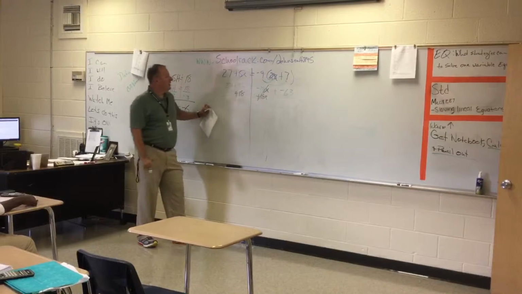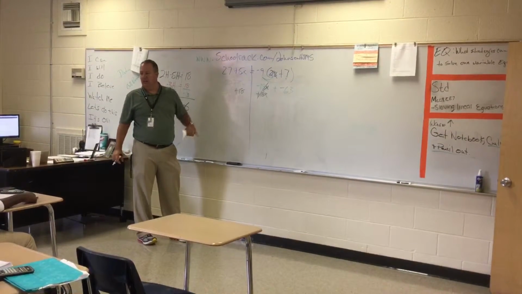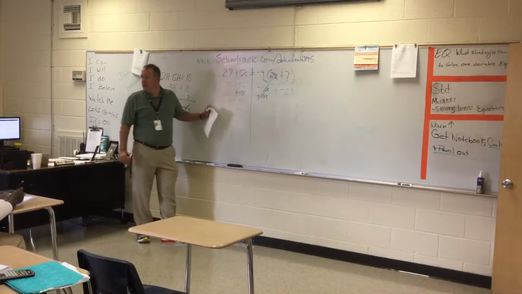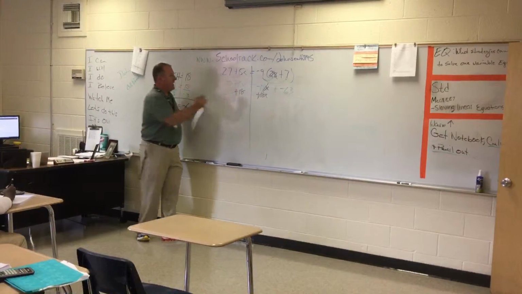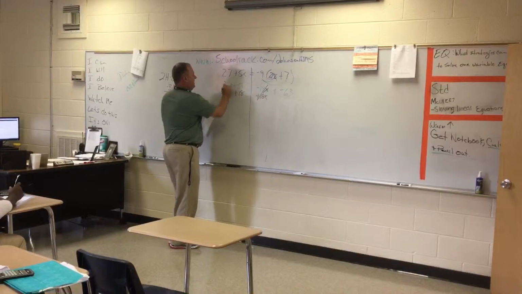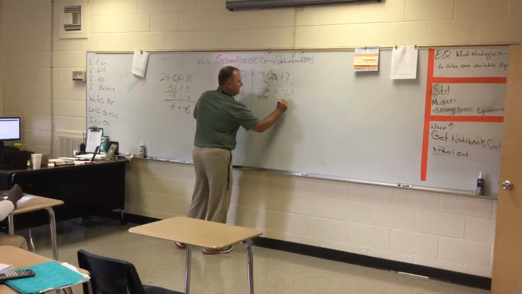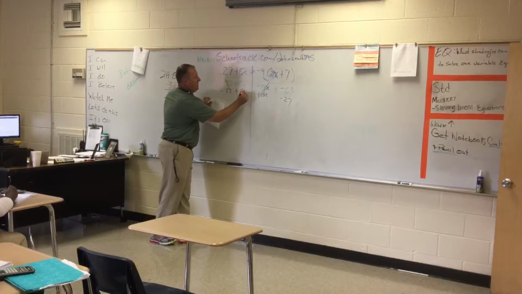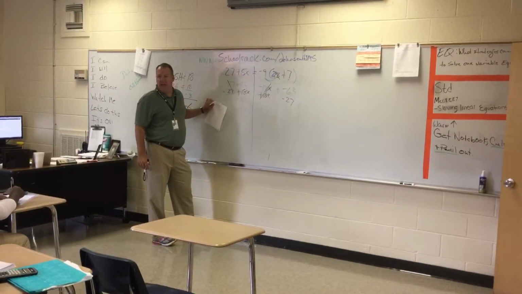And while I'm here, let's go ahead and move 27 over here. What's the opposite of addition? What's the inverse operation? Subtract. So I'm going to subtract 27. That'll cancel out. Subtract 27. What's 18 plus 5?